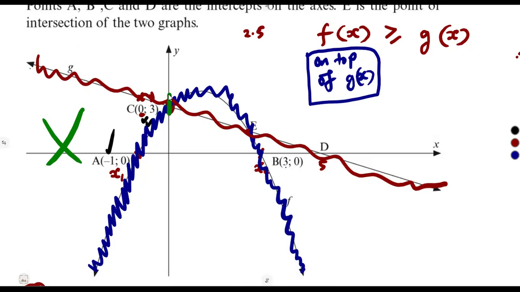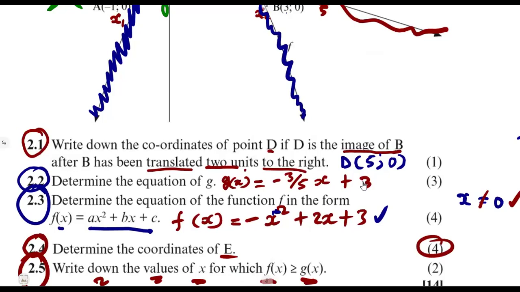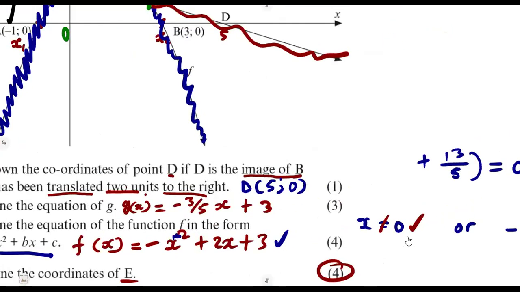Moving from this point here, from the y value where x is 0, we can see that g is the one that is now on top. In this interval from 0 up to the point E, remember the point E, we calculated the coordinates of the point E. It was 13/5, something like that.